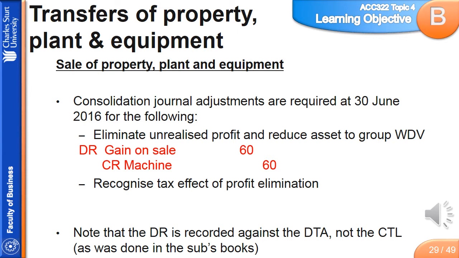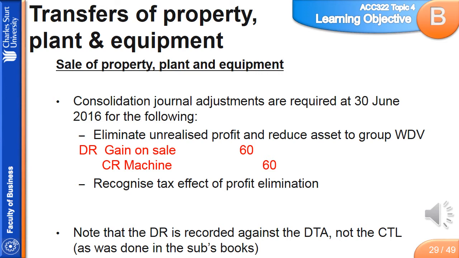So from the group's perspective, we paid $100 for the asset, so you would think we would reduce it back down to $100. However, we've also got to account for 1 year going by and it being depreciated $10. So the actual carrying amount from a group's perspective is $90. So this entry here brings it back down to $90.